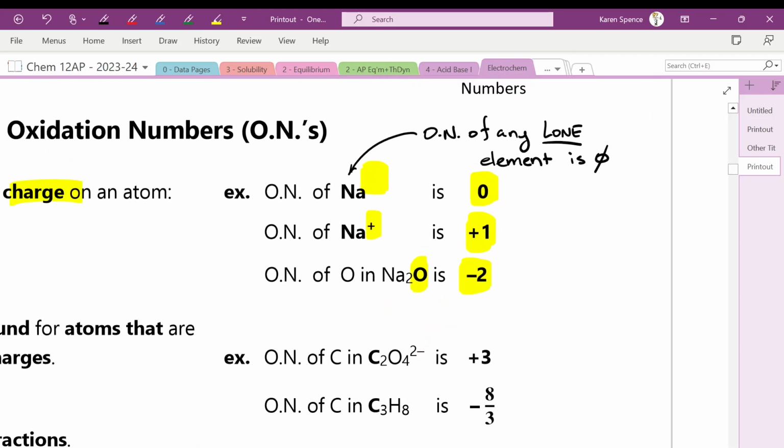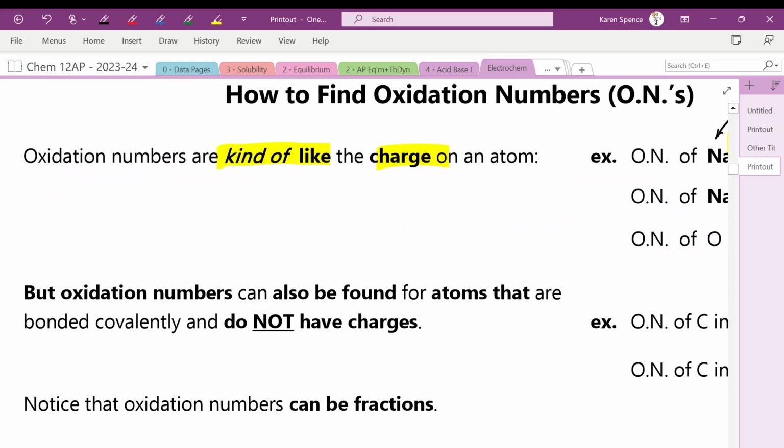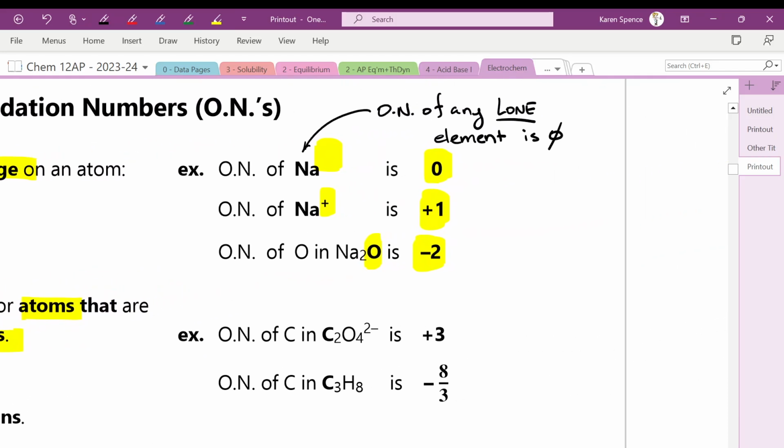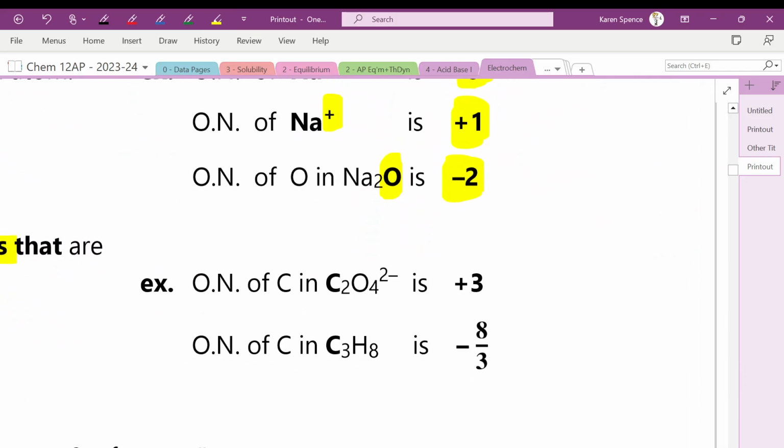Now, there are compounds and ions. We can find them for atoms that are bonded covalently and do not have charges. But they are useful for determining whether something has been oxidized or whether it has been reduced. So for example, you could find the oxidation number of C in C2O4 2- is +3.